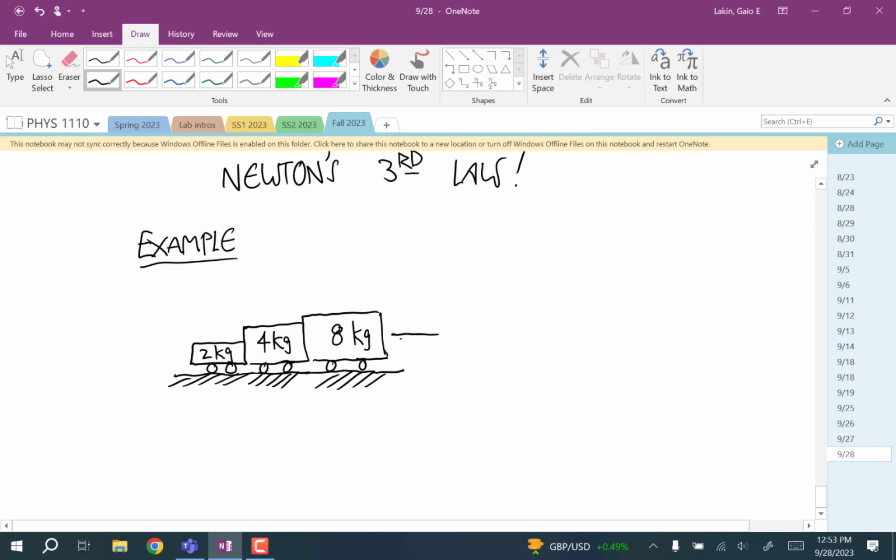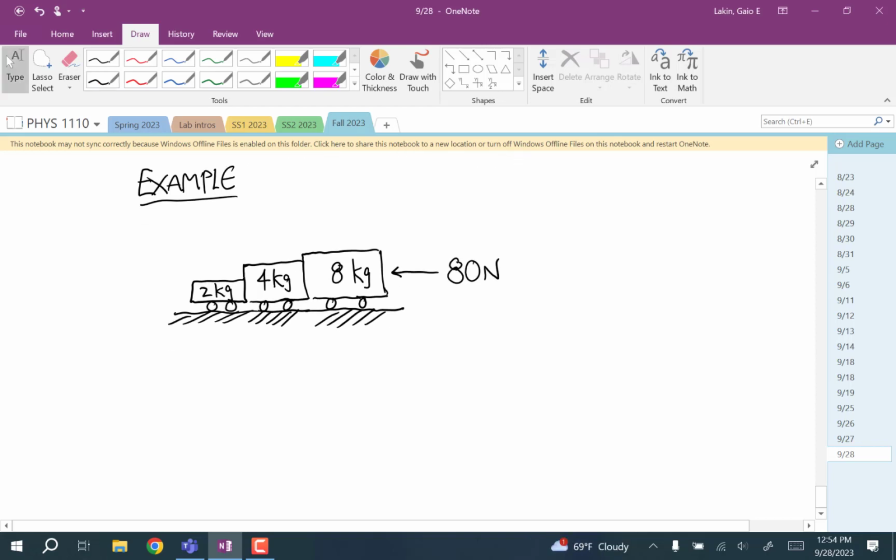And there's a force applied this way of 80 newtons, with the plane N for newtons. And we're going to draw free body diagrams of each of these.